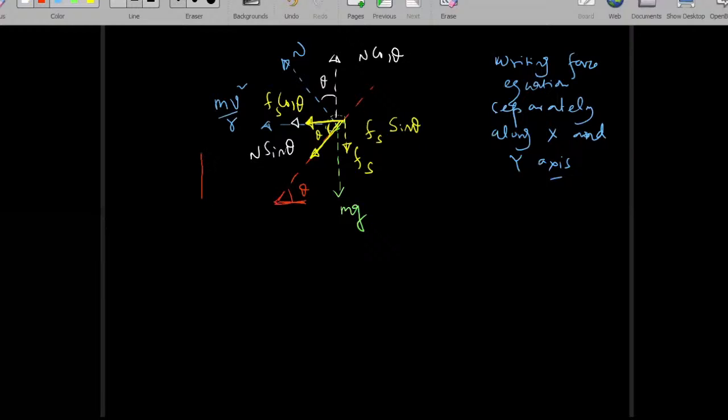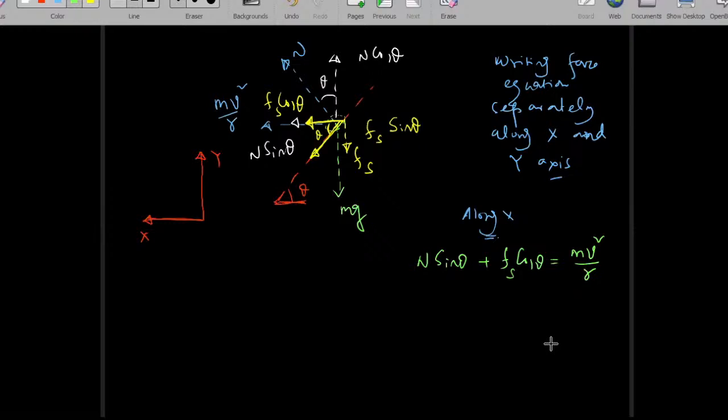Check out. This is x, this is y. So अब लिखो along x and y axis. Separately लिखेंगे. So first along x. So if I write equation along x, what I am supposed to write? N sin theta plus fs cos theta is supplying mv square by r.